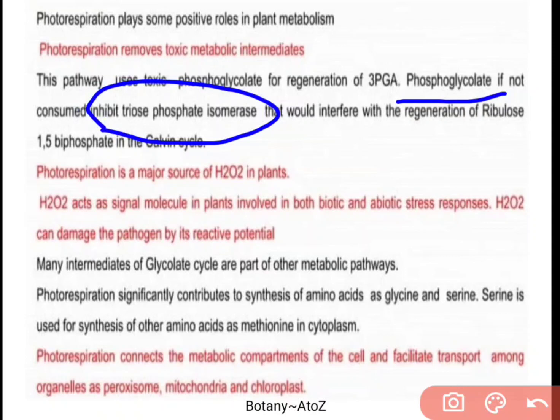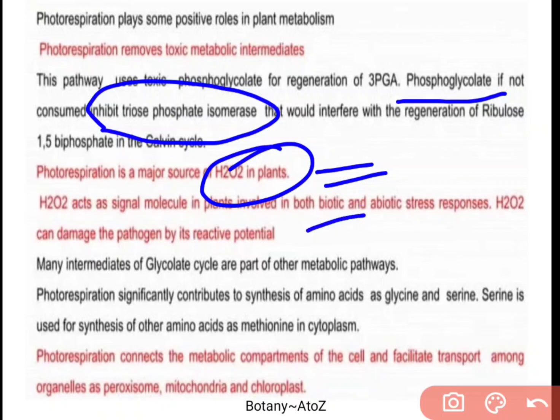Moreover, in the peroxisome part of photorespiration, H2O2 is produced. Hydrogen peroxide is produced, and this hydrogen peroxide is used by the plants in abiotic stress responses. It is used to protect the plant from various pathogens.